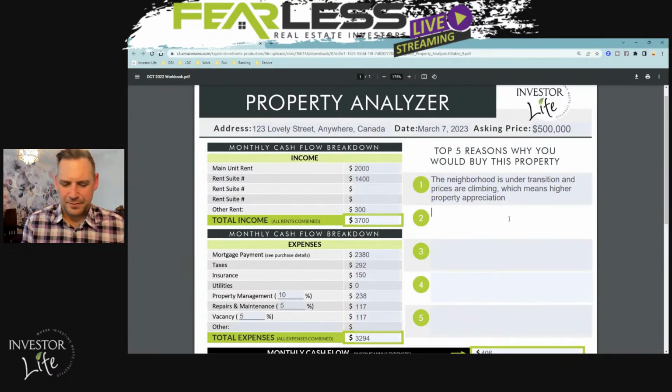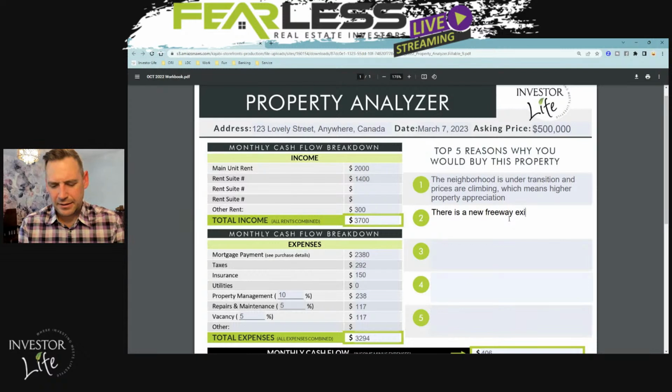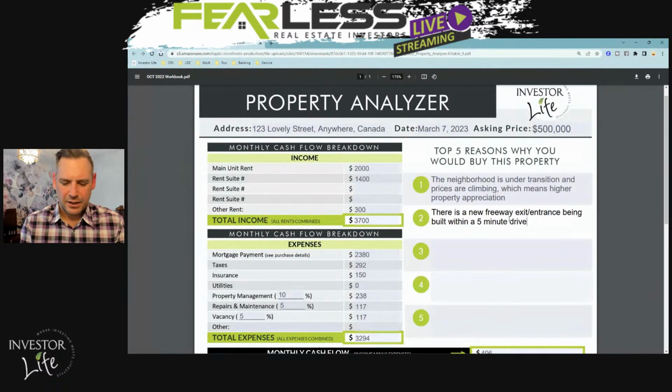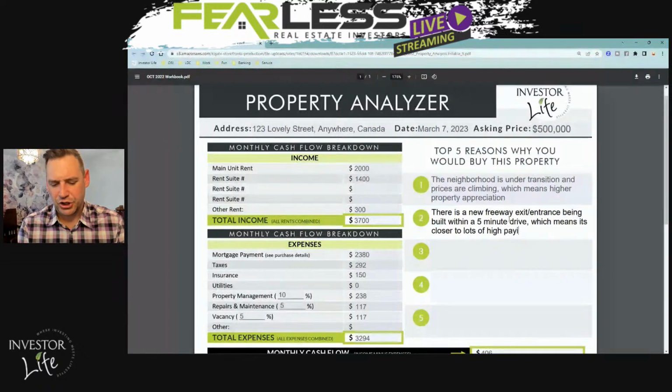Here's another example. There is a new freeway exit and entrance being built within a 5-minute drive, which means it's closer to lots of high paying jobs.